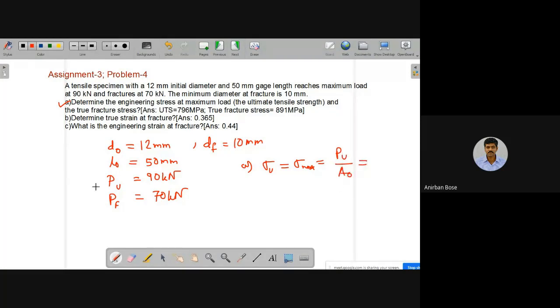Simple one. Both the pieces of information are known. A0 you can easily calculate with the help of initial diameter. Okay, pi by 4 into D0 square, where D0 is 0.012 meter. Okay, always use SI units, and Pu you just convert into Newton.